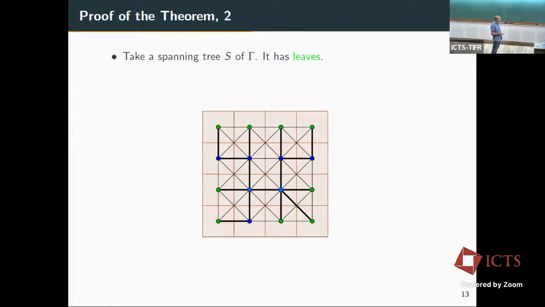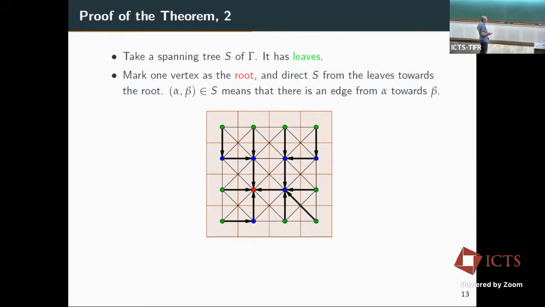It means that basically you only have one edge attached to that vertex. Okay, so this is the spanning tree. And now you mark one point as the root of the tree. Just take any of them. I guess you can even take a leaf if you want. And then you direct your tree from the leaves to the root.